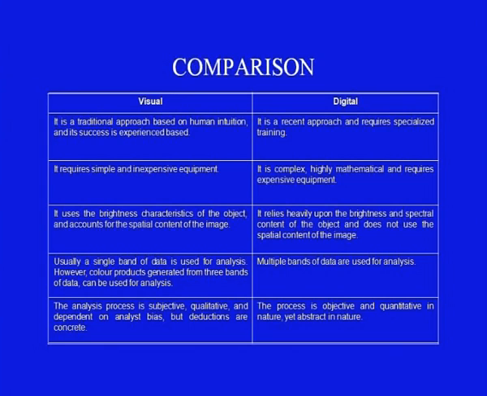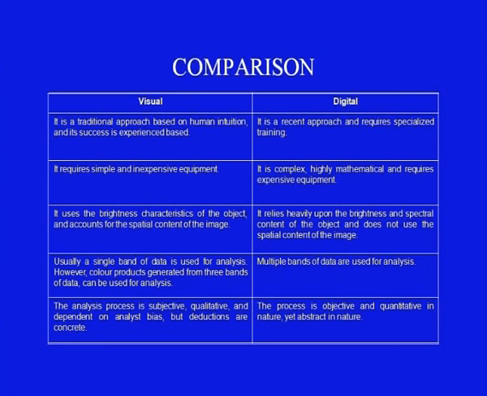The process of visual interpretation is subjective, qualitative and dependent on the analyst's bias, but deductions are concrete. Whereas in digital image processing, the process is objective and quantitative in nature. However, it could be abstract in nature.